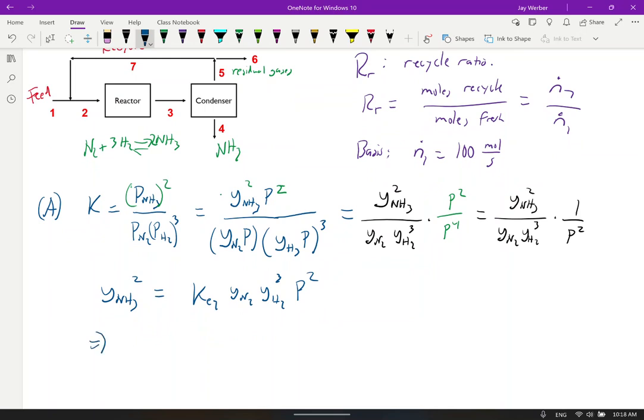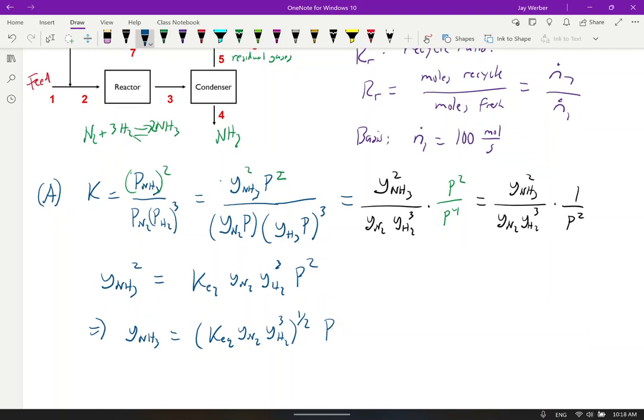And so if we take the square root on both sides, we have this guy all to the 1/2 power times pressure.